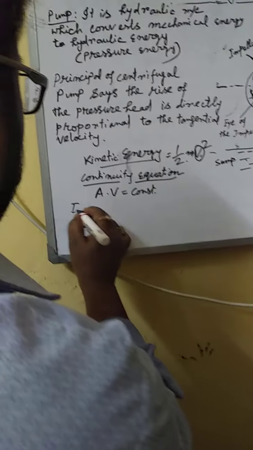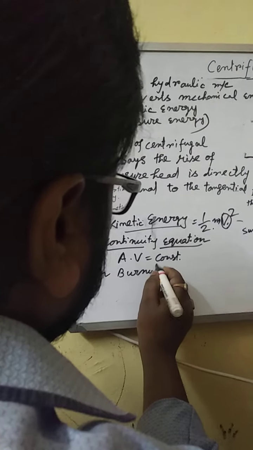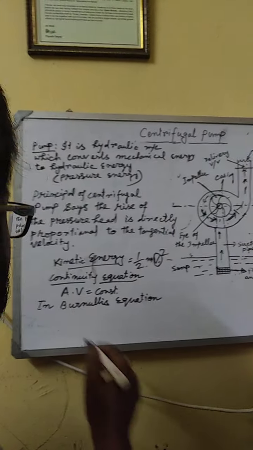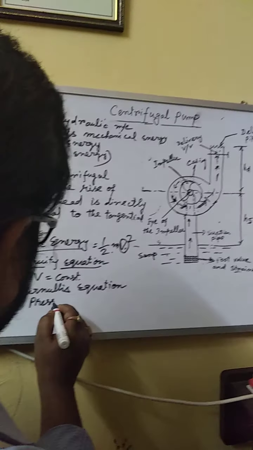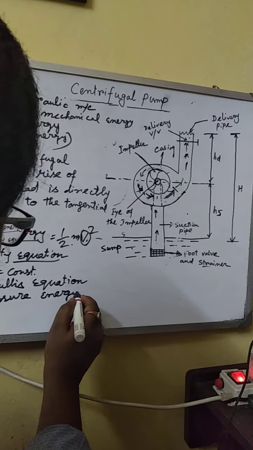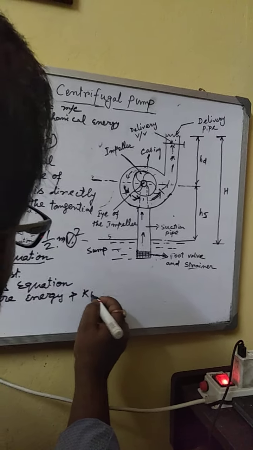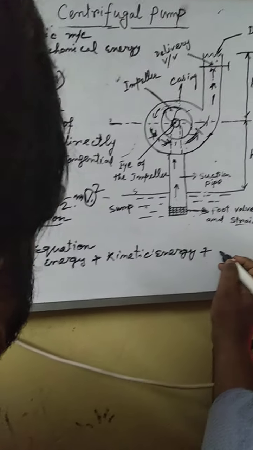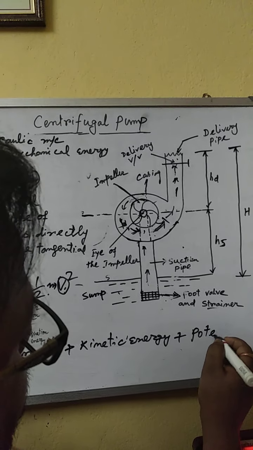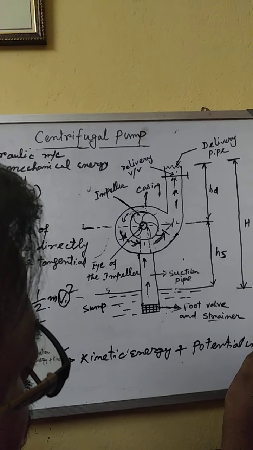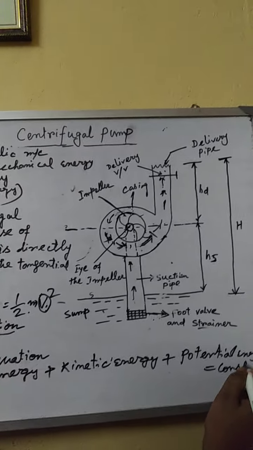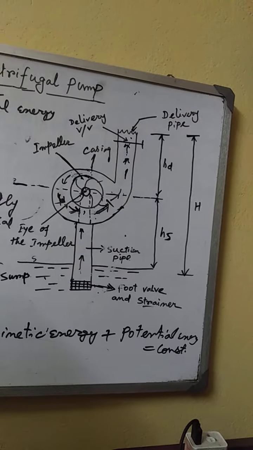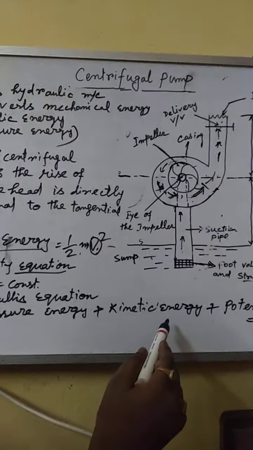In Bernoulli's equation we know pressure energy plus kinetic energy plus potential energy equals constant.